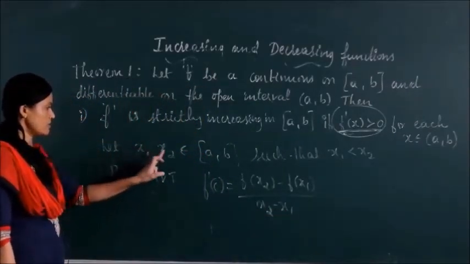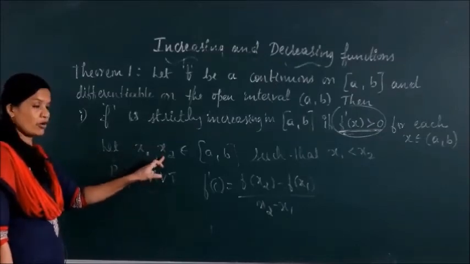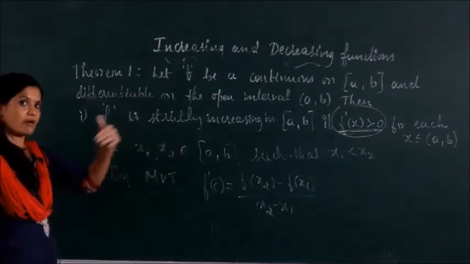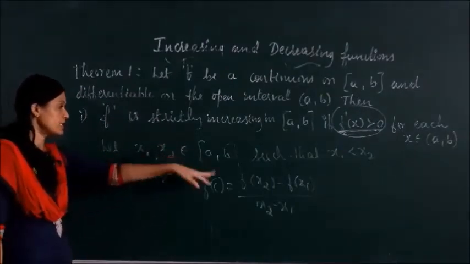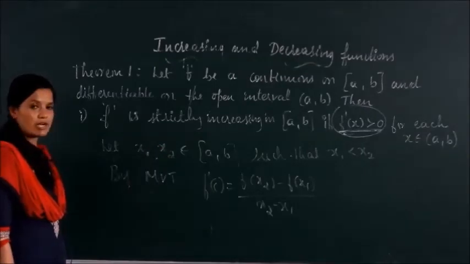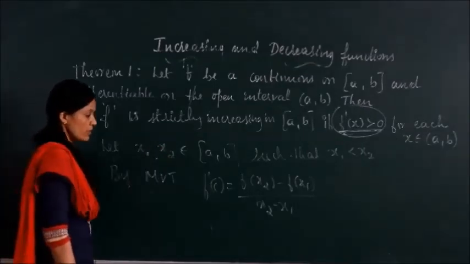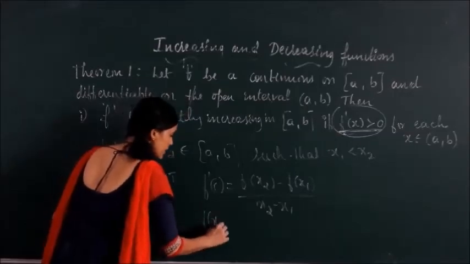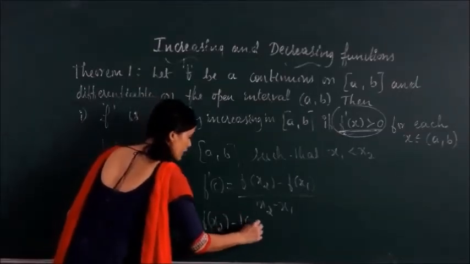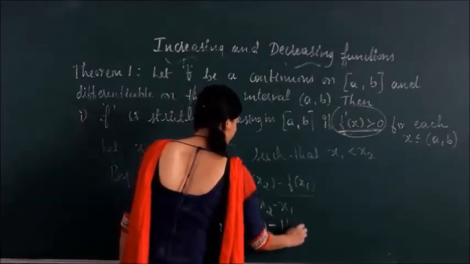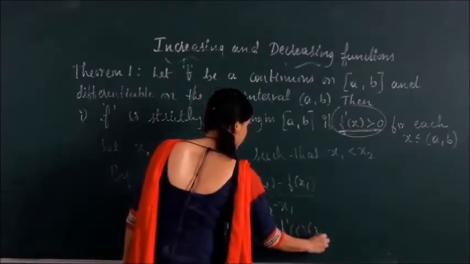In the mean value theorem we take it as f of b minus f of a divided by b minus a. Here I have written it in terms of x1 and x2. Now if I cross multiply this, I get f of x2 minus f of x1 is equal to f dash of c into x2 minus x1.